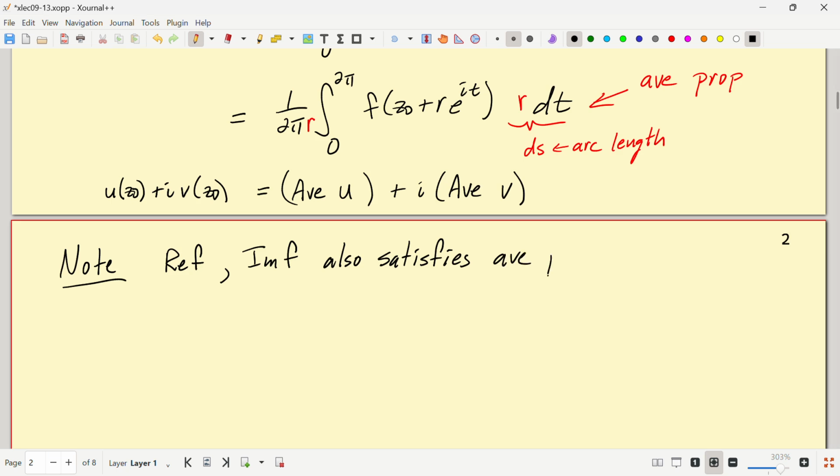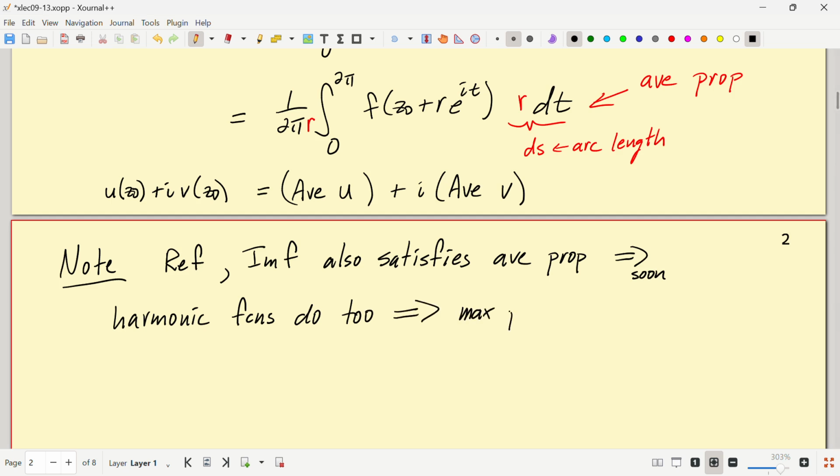And that's going to imply soon that harmonic functions do too. And when anything satisfies an averaging property, that's going to imply a maximum principle for harmonic functions. And it won't be a maximum modulus, it'll be a true maximum principle. So that's a remark.